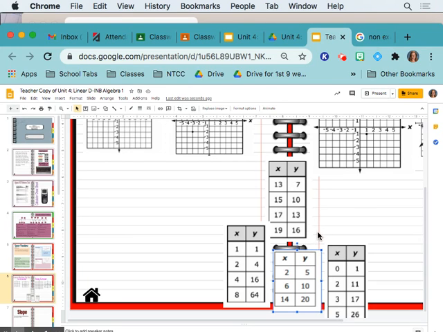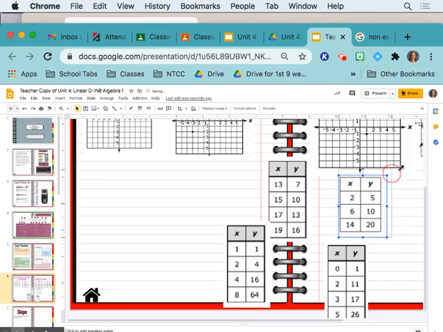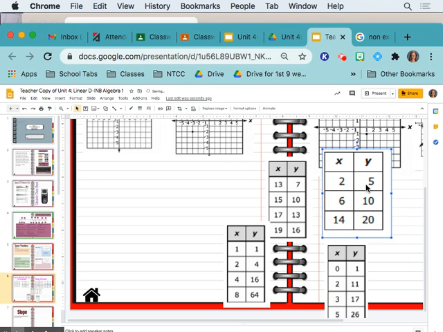It has to have the same rate going from each one of the y's, and then each one of the x's. So let's say we look at this one. What is the rate of change on the y's? 5 to 10. How much did it go up? By 5. Okay, and then from 10 to 20, it went up by 10. But then our x, how much did our x go up by? 4.